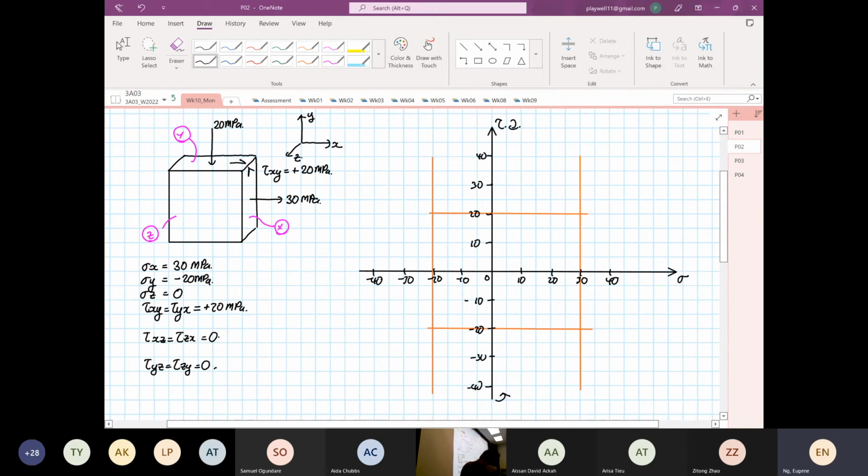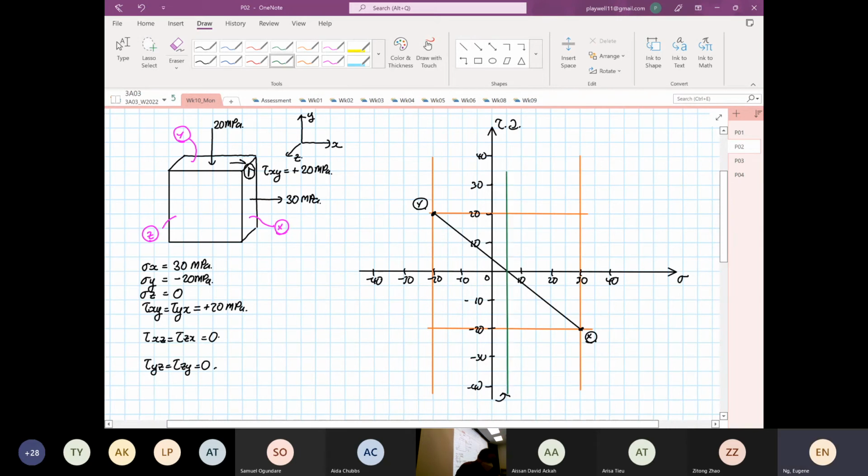So at X, the shear stress is going to rotate anti-clockwise at 30, so it is below. This is our X, and over here is our Y. Immediately we can construct a straight line. When it intersects, we know that over here is the center of the circle.